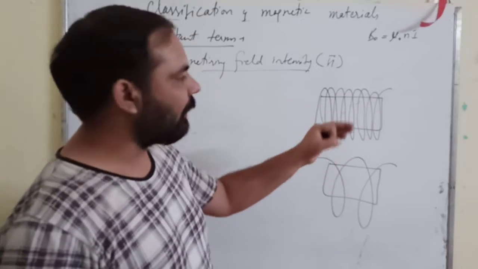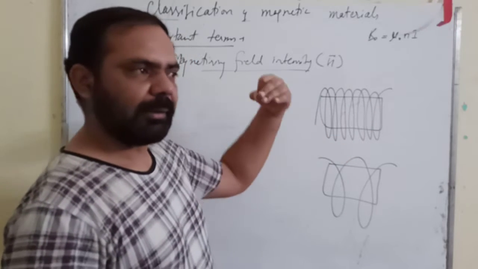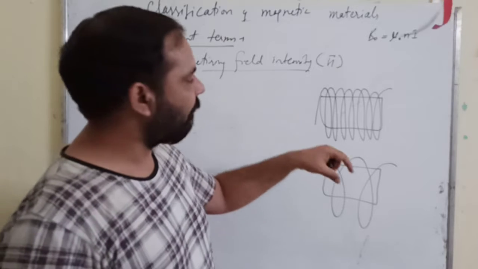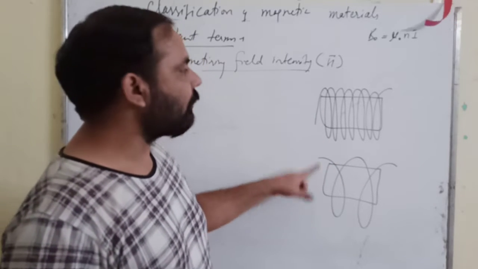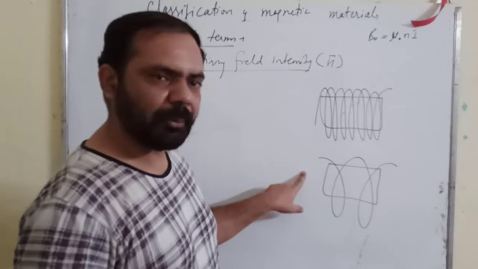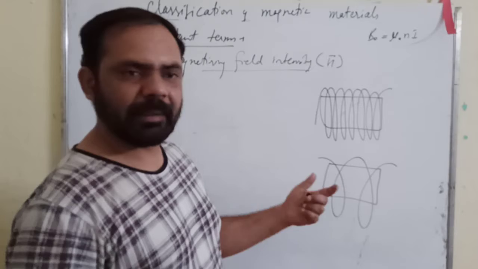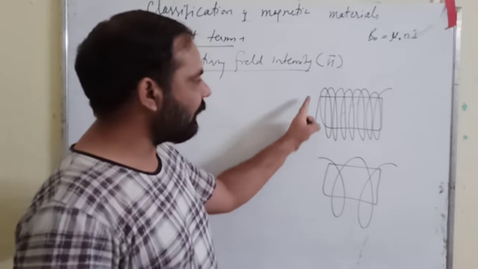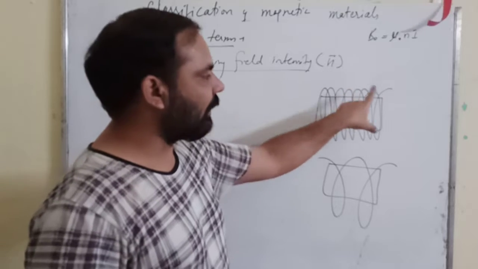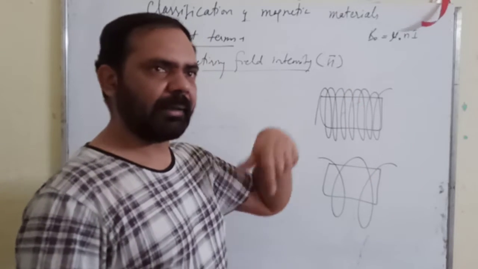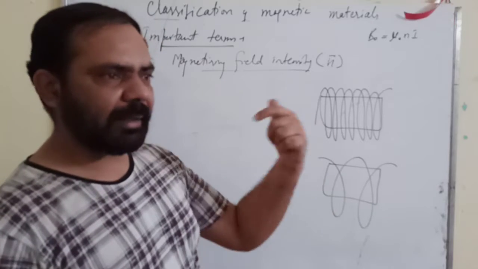So we will say that the intensity of the magnetizing field will be stronger here, and lesser here. Although the same current is passing through both solenoids, and the material of the coil is similar, everything is the same, only the number of turns defines how many times the current threads through that region, and therefore the strength of the magnetizing field.